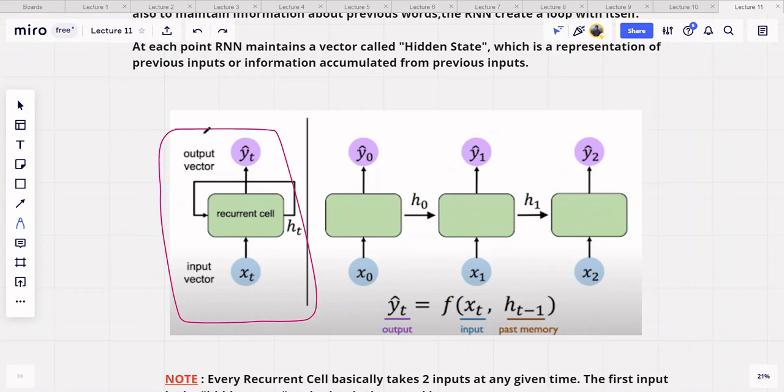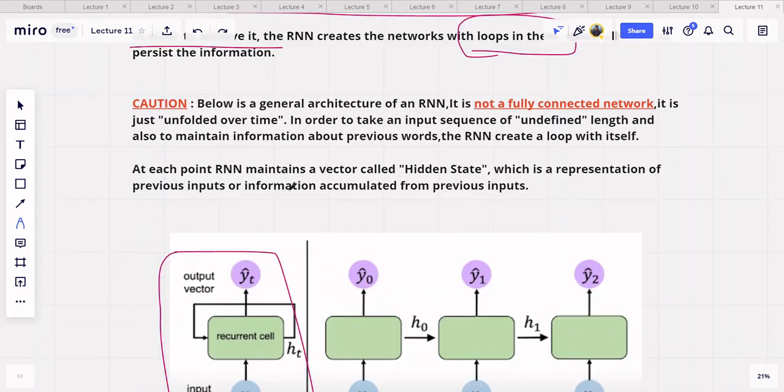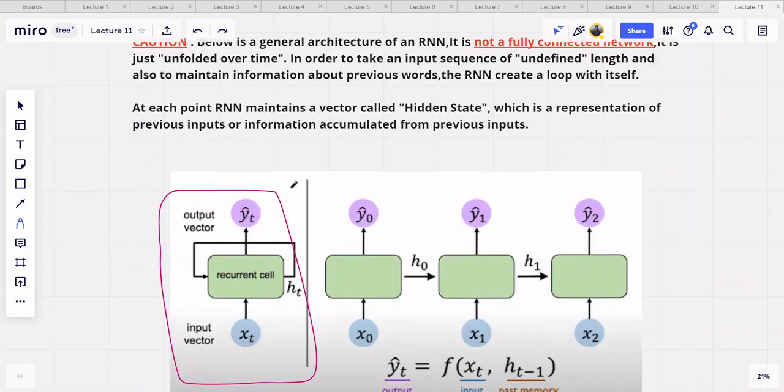Just remember that the entire architecture of a recurrent neural network is just this one loop. The architecture of a recurrent neural network is not very complicated. It's very easy.